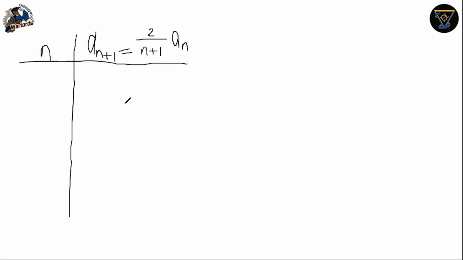All right, so everybody understands so far, right? So what we need to do next is just plug in any values for n. So I'm just going to create some lines here.